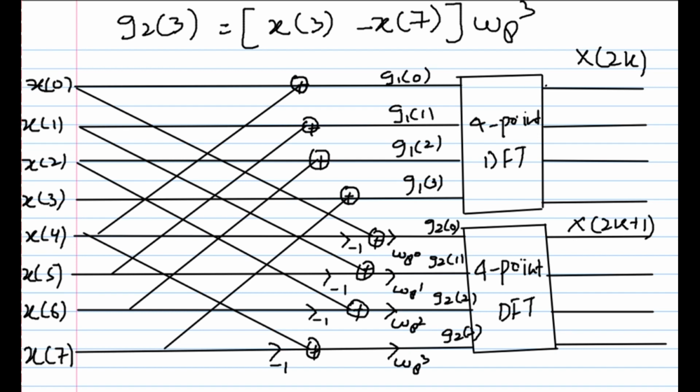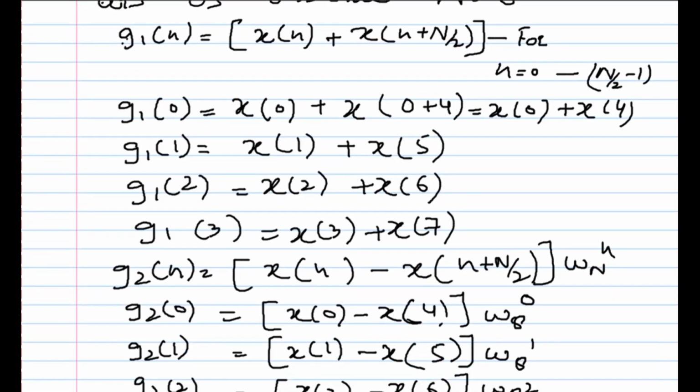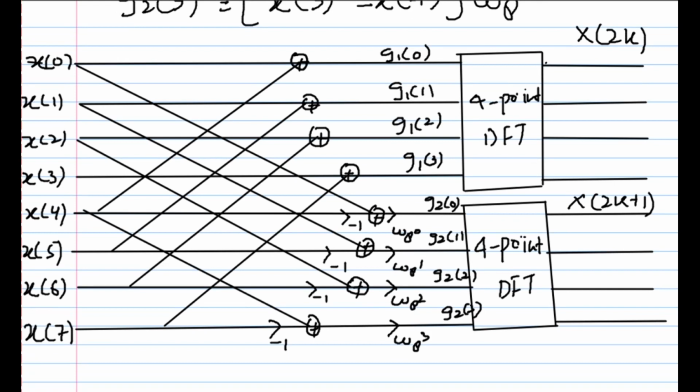So I have drawn this after substituting the values of g1 of n and g2 of n. We have 4 values of g1 of n, and similarly we have 4 values of g2 of n. Now coming to g1 of 0, it is equivalent to x of 0, that's here the first line, plus x of 4.